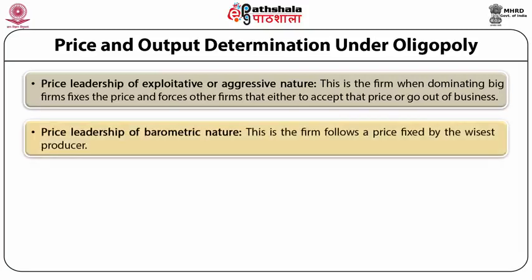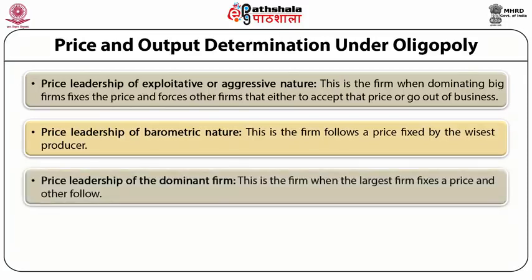Price leadership of barometric nature. Here the firm follows a price fixed by the wisest producer. Price leadership of the dominant firm. This is when the largest firm fixes a price and others follow.